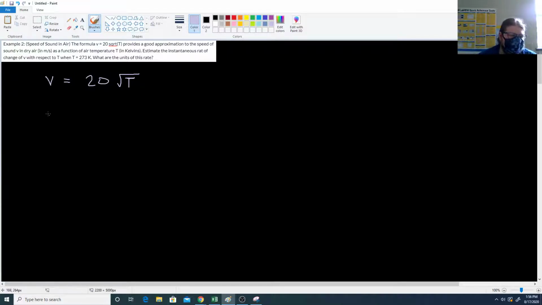And this time, unlike the previous example where we only looked at it from one side, we should be looking at these from both sides and show that they converge to the same thing. We're going to start out looking at numbers that are close to 273.